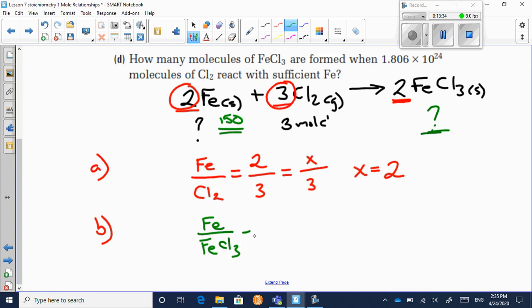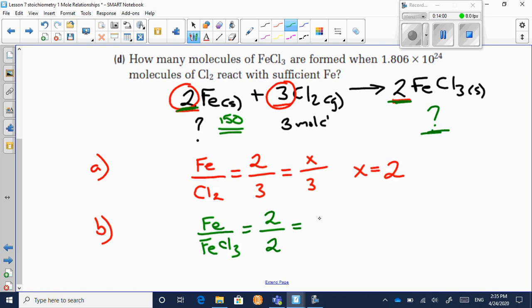I always start by writing the ratio that's given to me in the equation. So I'm going to use the 2 here that's in the balanced equation, and I'm going to use the 2 here because that's the balanced equation. So it's a 2 to 2. It's an even ratio. So I need the exact same amount of Fe as I will produce FeCl3. That's kind of nice.